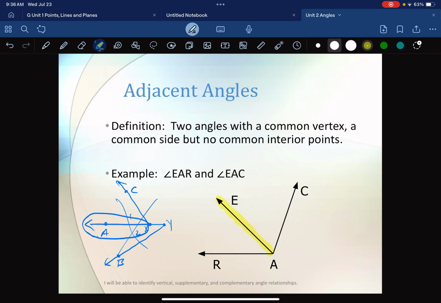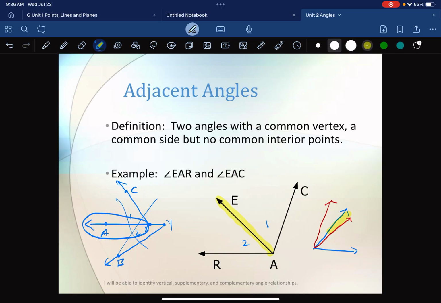They both have ray AE as one of their sides, but then no common interior points. So that means none of the points inside this angle can be inside this angle. So a picture of what that would look like would be something like this. That angle and this angle, well, they're sharing some common interior points right here.